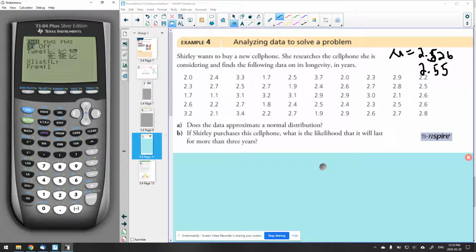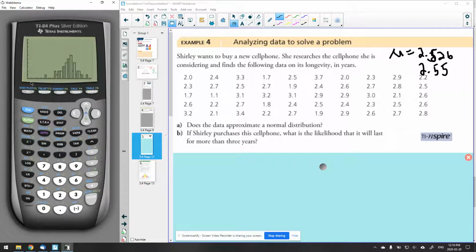If it's not already on, you're going to hit enter on it because we want to see it. And we're going to create a histogram, so we're going to do the bar graph. So you're going to move your cursor over and hit enter on the bar graph. Your X list should be list 1, or whichever list you've put all your data points in. And now you can hit graph.